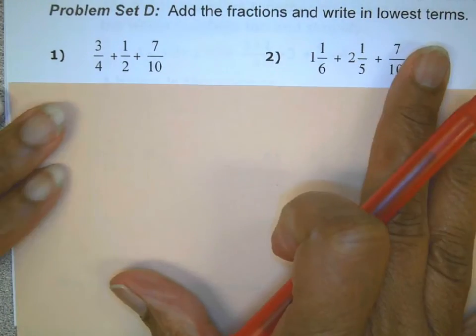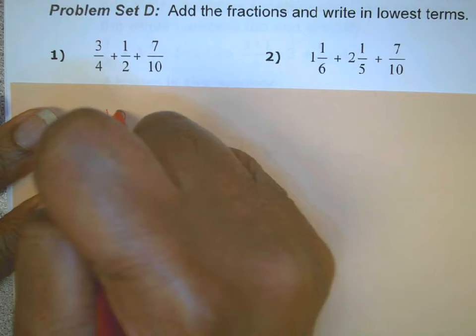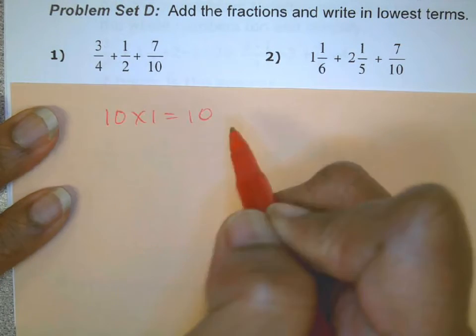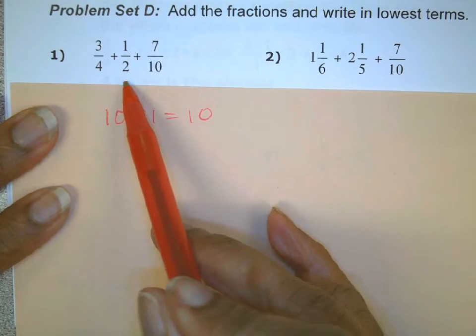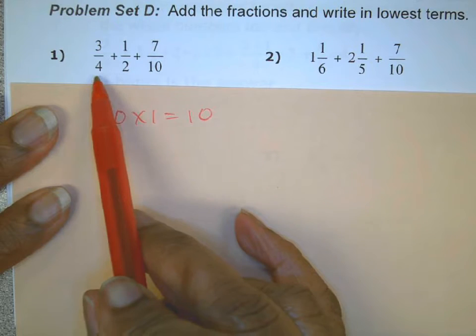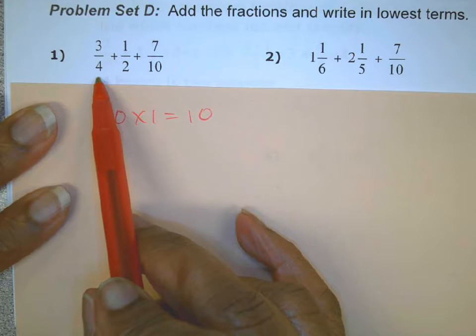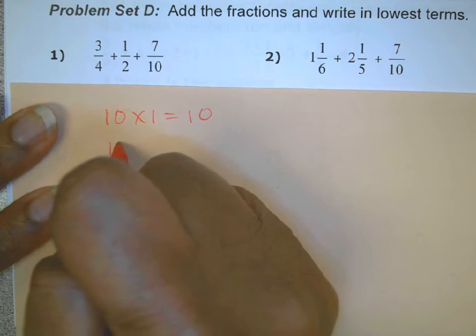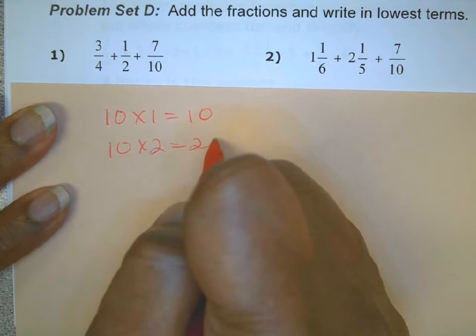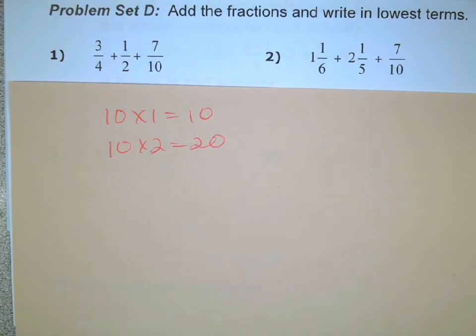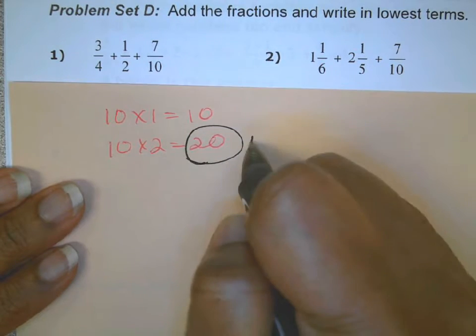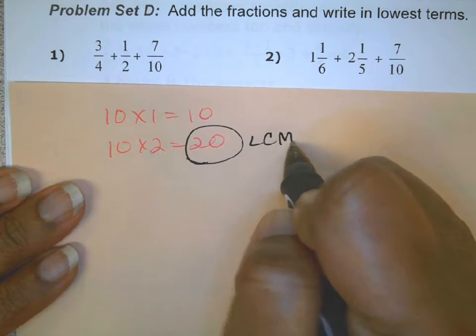You're going to start with 10, but 10's not it. 10 times 1 is 10. 2 goes into 10, and 10 goes into 10, but 4 will not go into 10 evenly. So then I got to do 10 times 2 is 20. Will 4 go into 20? Will 2 go into 20? This is my LCD and LCM.